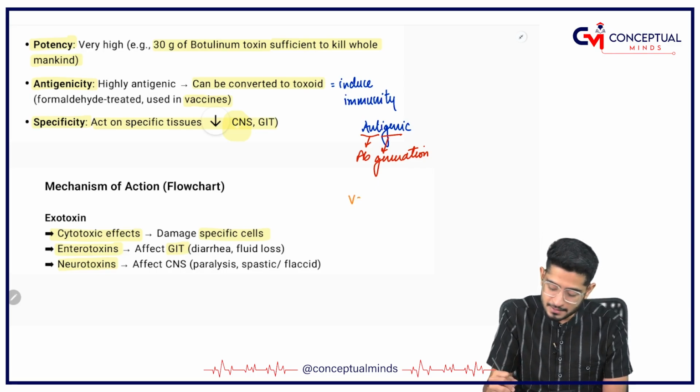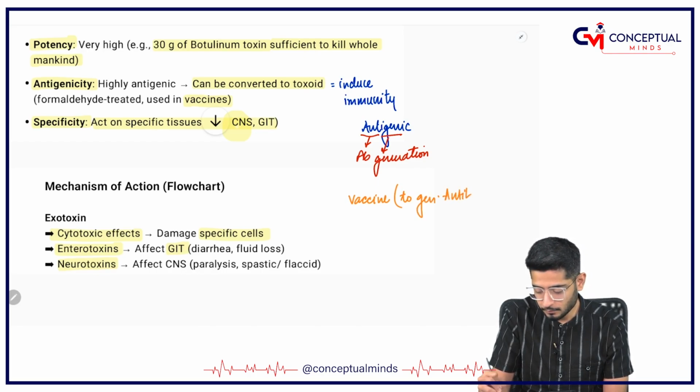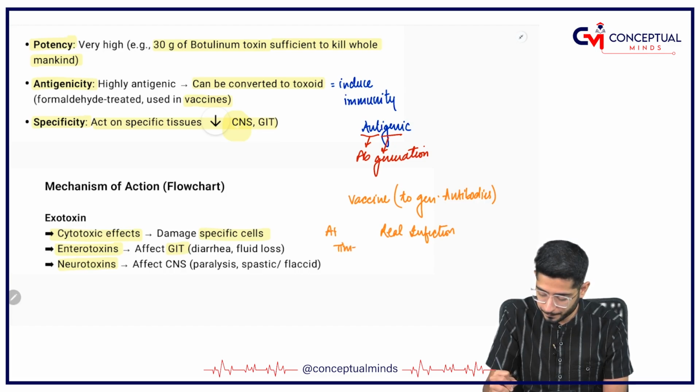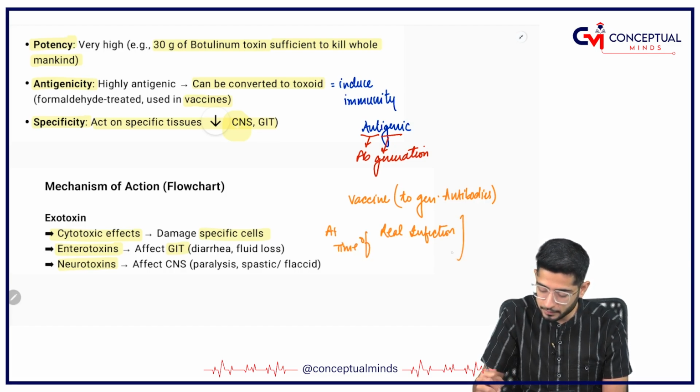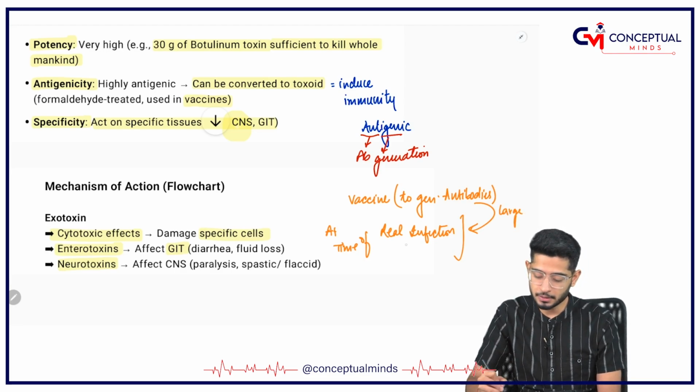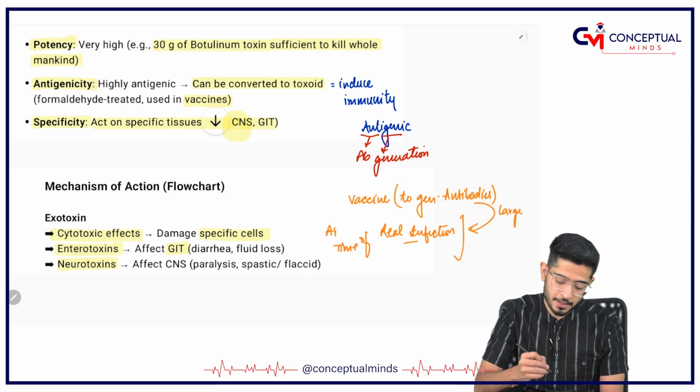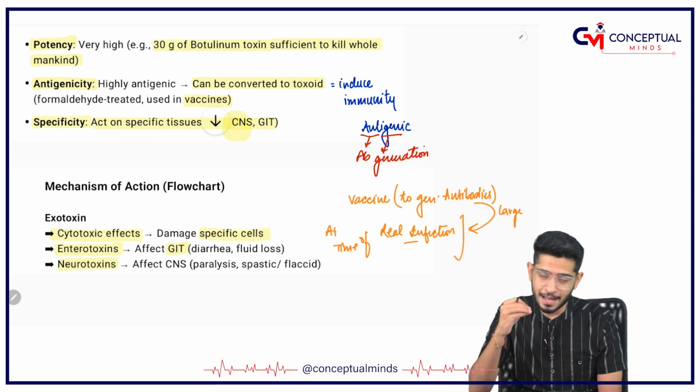So why do we give vaccines? We give vaccines to generate antibodies, so that at the time of a real infection, we have large numbers of antibodies to kill it.